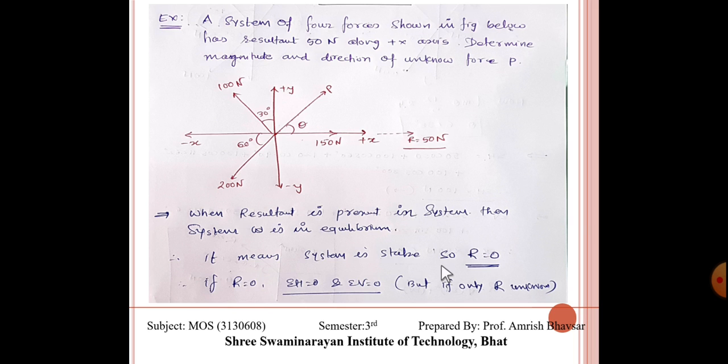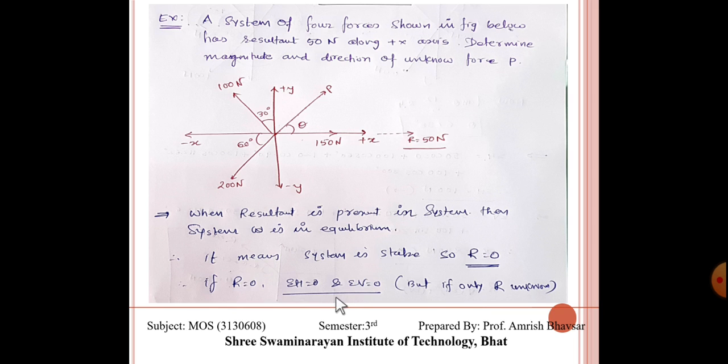So, if the system is stable, then it can't move in any direction. The resultant is 0, as we know, for stability only, not for this case. If the system is stable at one point, there is no movement of the resultant force, which means R is 0. So if R is equal to 0, then sigma h and sigma v are both 0.